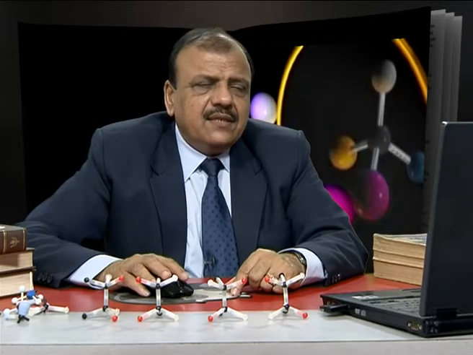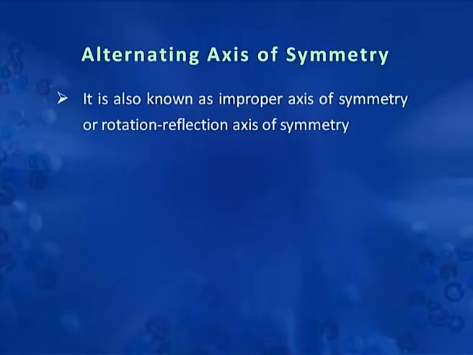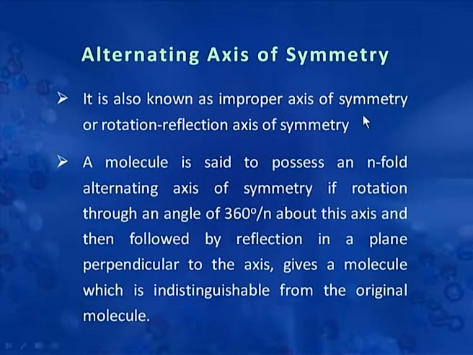Then next is alternating axis of symmetry. Alternating axis of symmetry is also known as improper axis of symmetry, or also rotation reflection axis of symmetry. A molecule is said to possess an n-fold alternating axis of symmetry if rotation through an angle of 360 by n about this axis, followed by reflection in a plane perpendicular to the axis, gives a molecule which is indistinguishable from the original molecule.